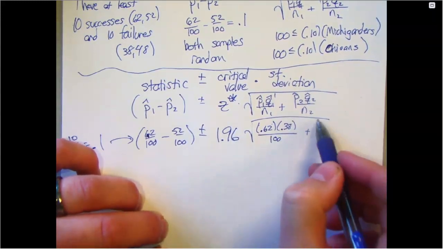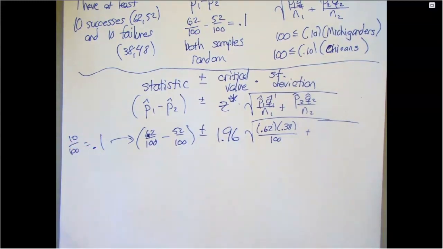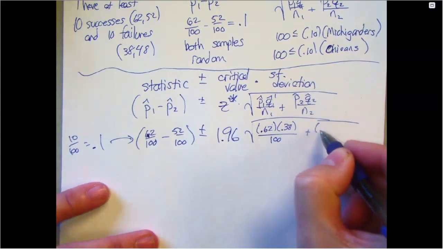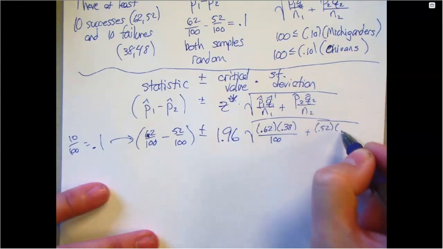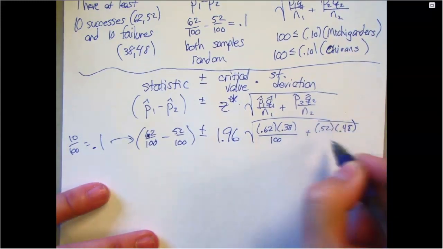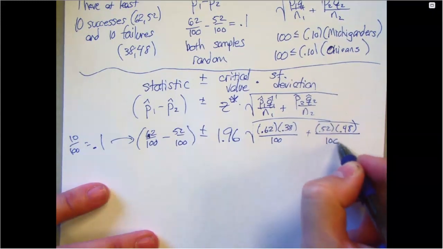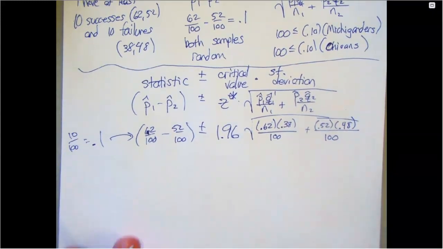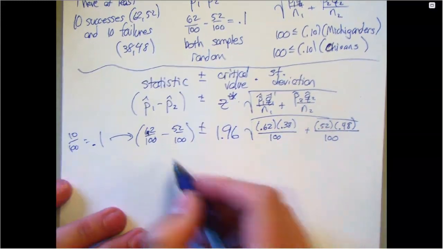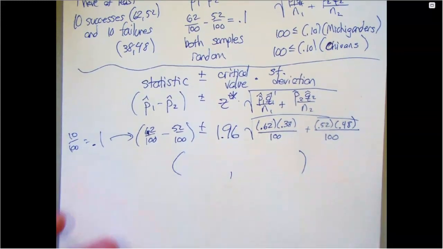You're not going to have to work that out. You're just writing it, and then the calculator does everything for us. So P2 is 0.52. So Q2 is 0.48. And then I'm going to go to my calculator. But before I do that, are there questions on what I'm doing here?